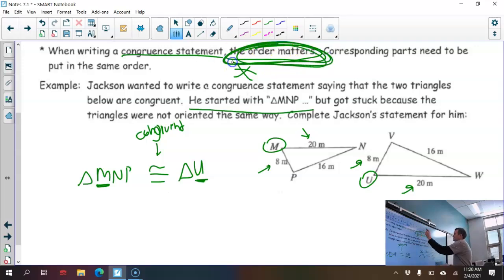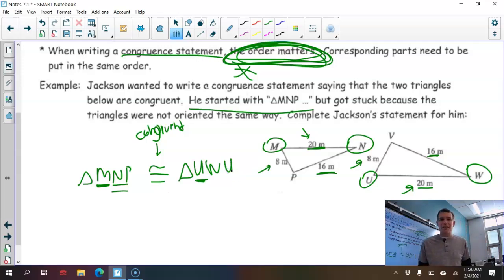You got to put the letters in corresponding order. What matches up with the N? Well, the N is between the 20 and the 16. So that would be the W over here between the 20 and the 16. W should go next, and then obviously U would go last. They are now in corresponding order.